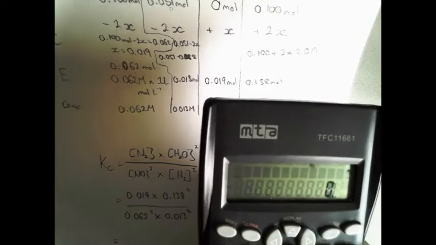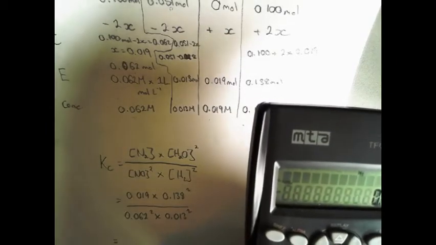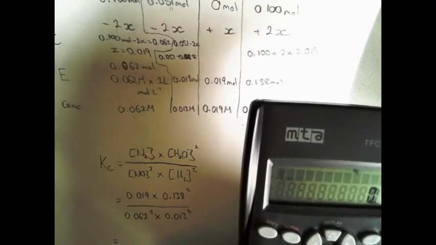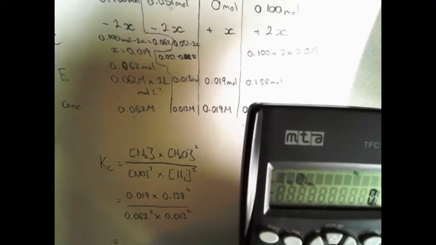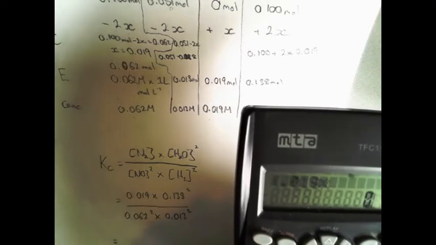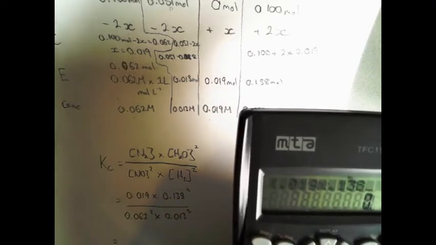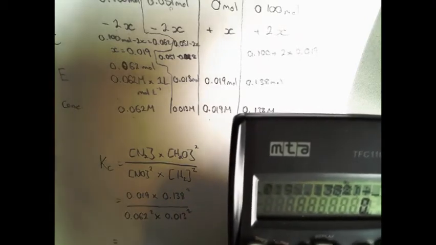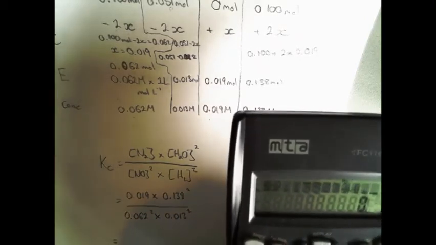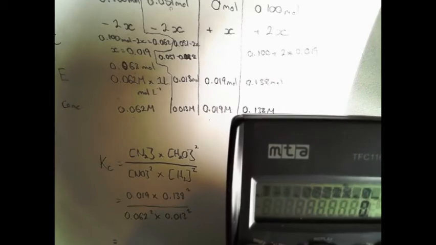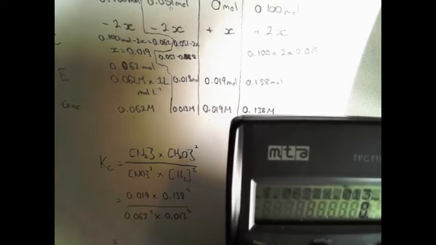That's a bit better. So we have, might as well put it in brackets, 0.019, right? That's not squared. 0.138, that is squared, divided by 0.062 squared times 0.013 squared.